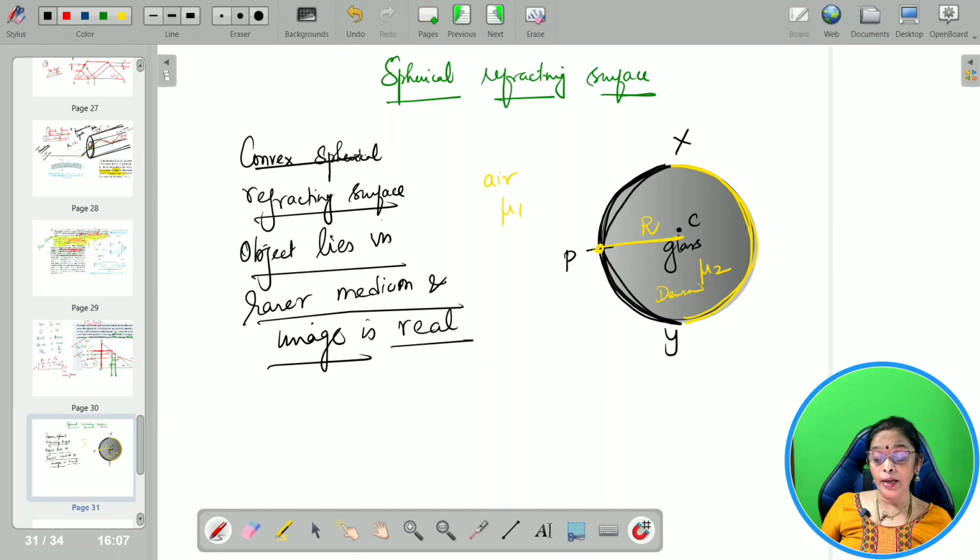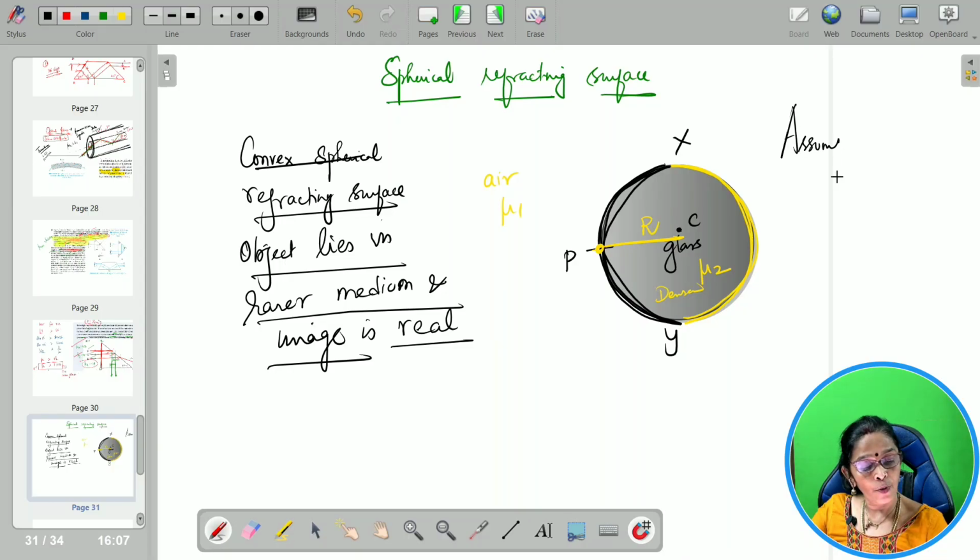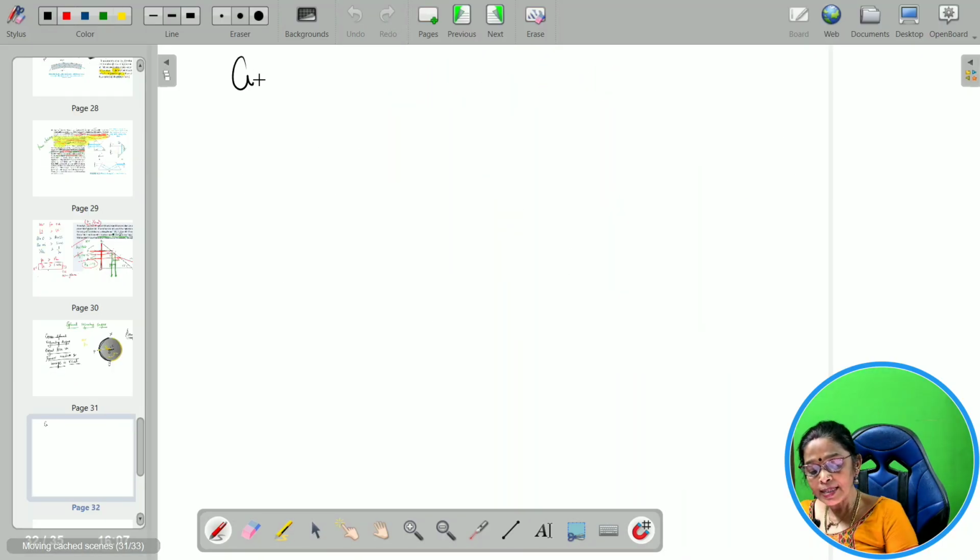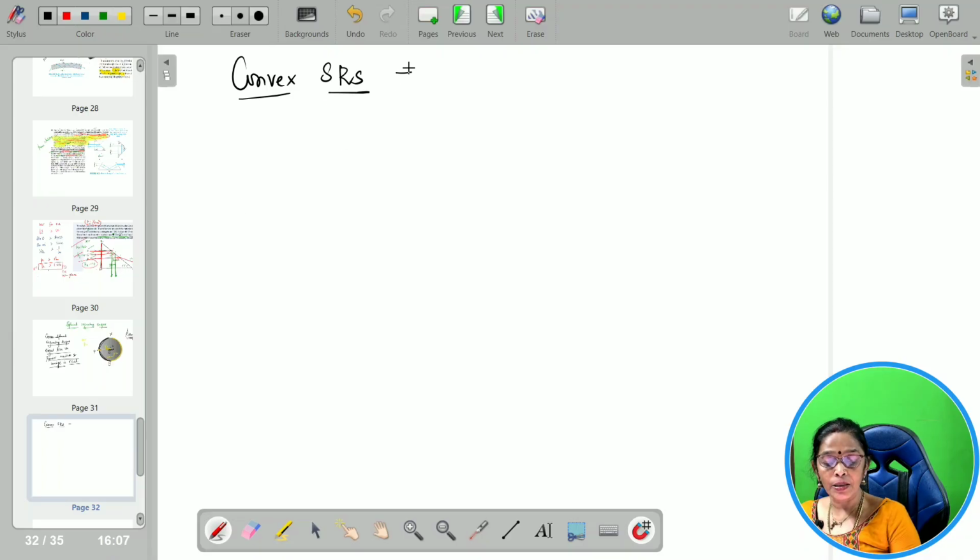Before getting into the derivation, you must know certain assumptions. So, let us take the assumptions, and following the assumptions, we will derive the same thing. Okay? So, convex SRS. SRS means spherical refracting surface.